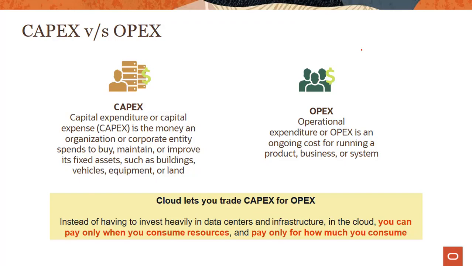So instead of having to invest heavily in data centers and infrastructure, in the cloud you can pay only when you consume resources. You don't have to do a massive capital-intensive build out, and you only pay for how much you consume, the pay as you go, consumption-based pricing. So it's a game changer. That's one of the reasons that, on the business side, cloud is so attractive.